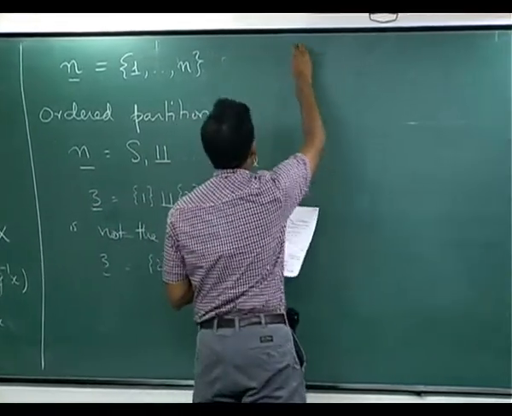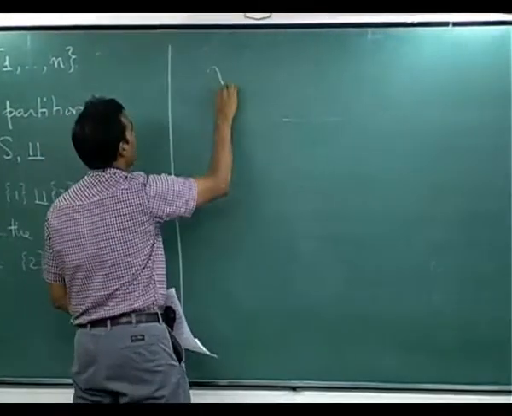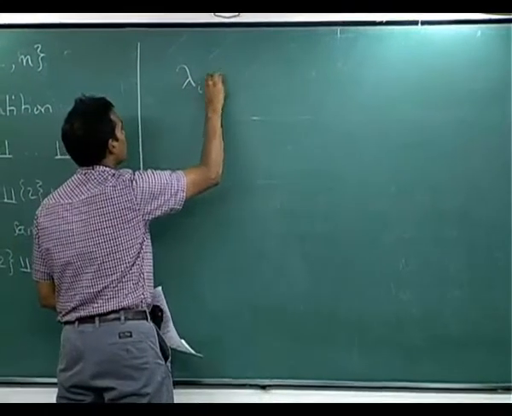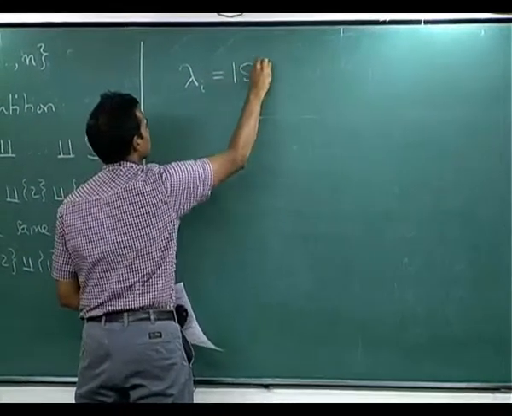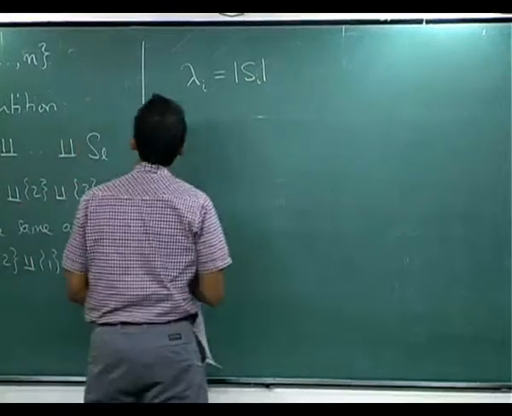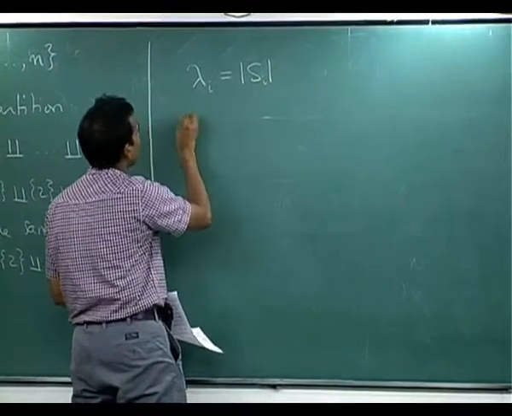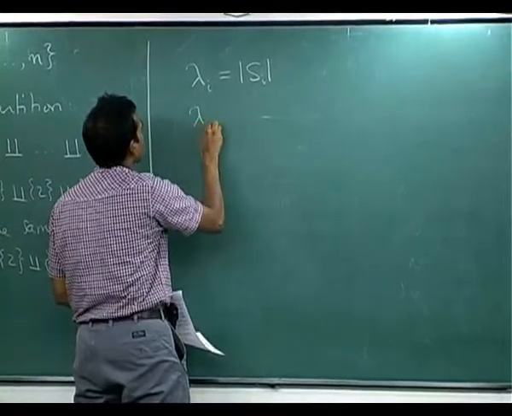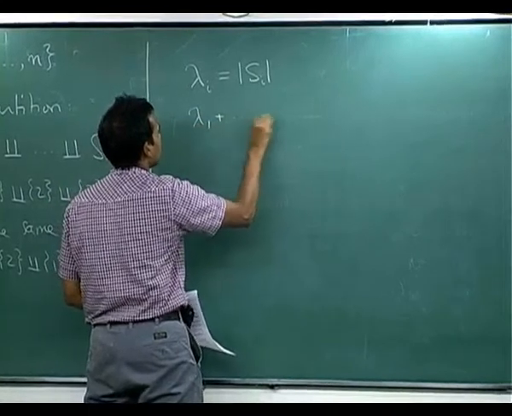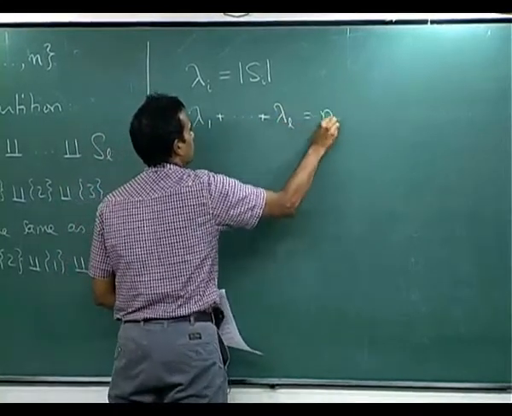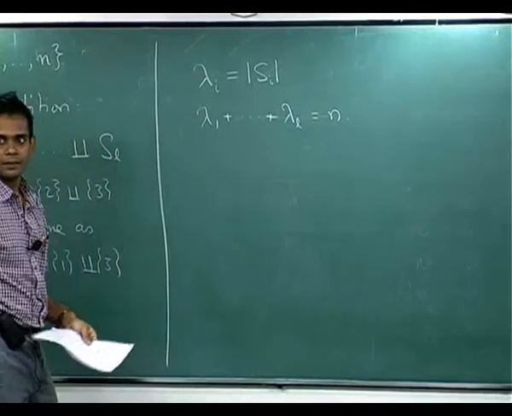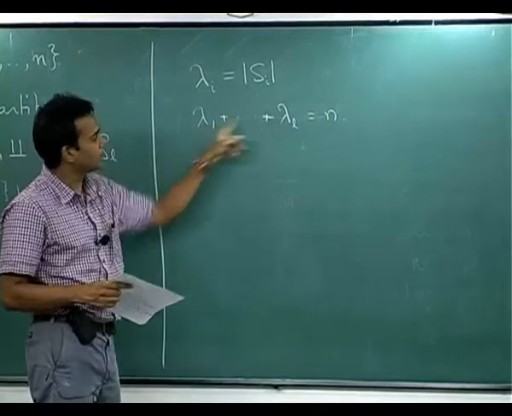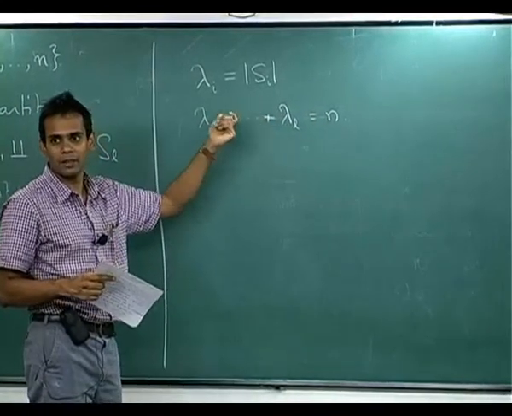So if I let lambda_i denote the cardinality of the subset S_i, then the fact that these S_i partition n means that the sum of these, lambda_1 up to lambda_L, is equal to n. Again the order of these things does matter, lambda_1, lambda_2.